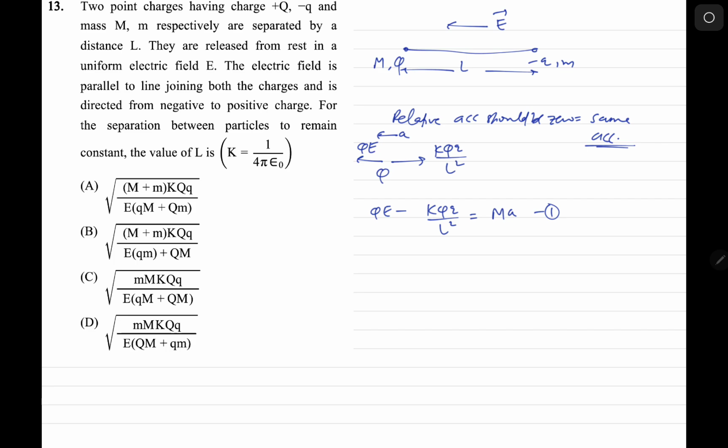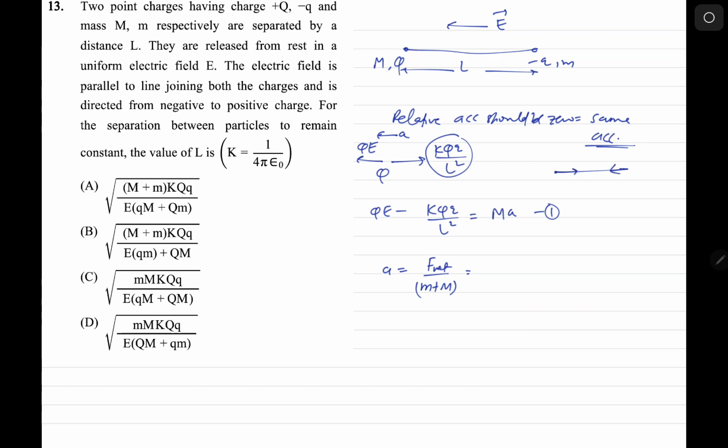Acceleration, we can see that both are moving with the same acceleration. So acceleration is equal to net force by total mass. Total mass is small m plus capital M. What is the net force acting here? On the system, the KQQ by L square will be the internal forces, because both charges are applying it on each other.